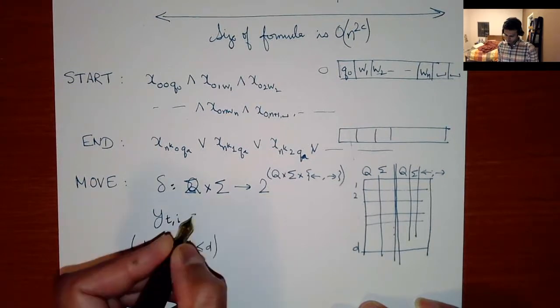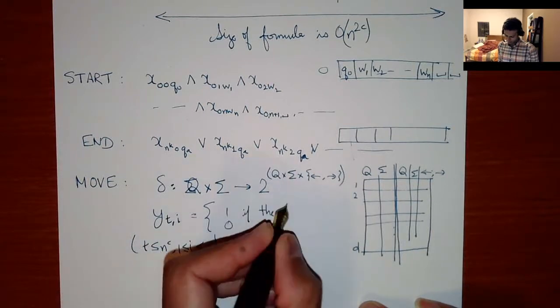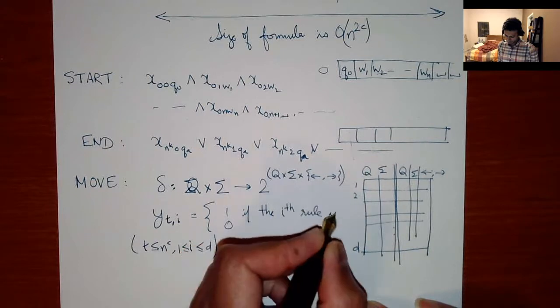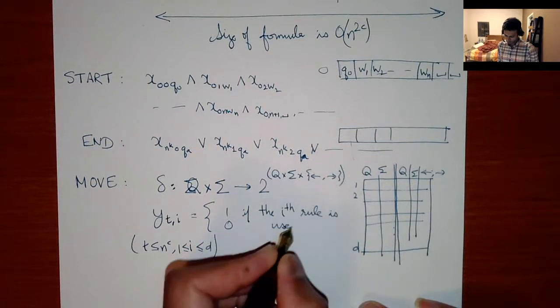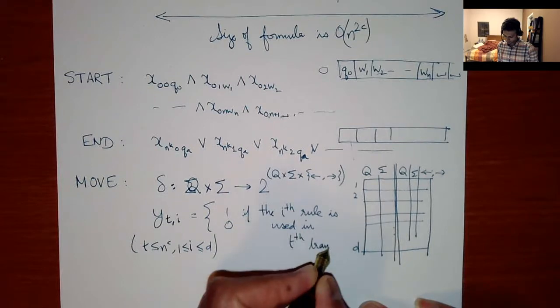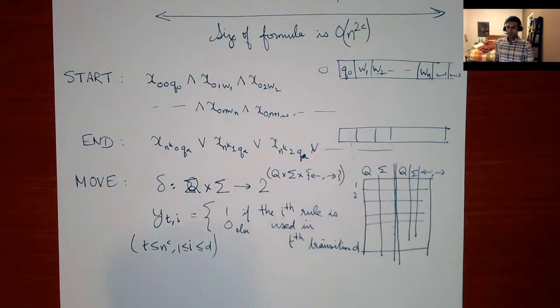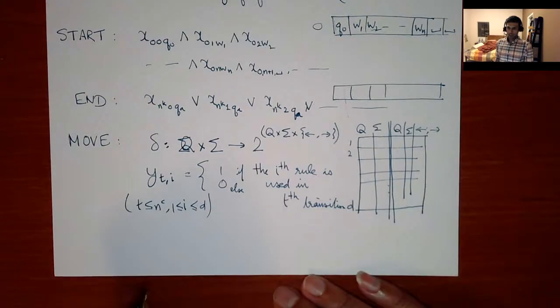This is a Boolean variable that is 1 if the ith rule is used in the tth transition, and else 0.